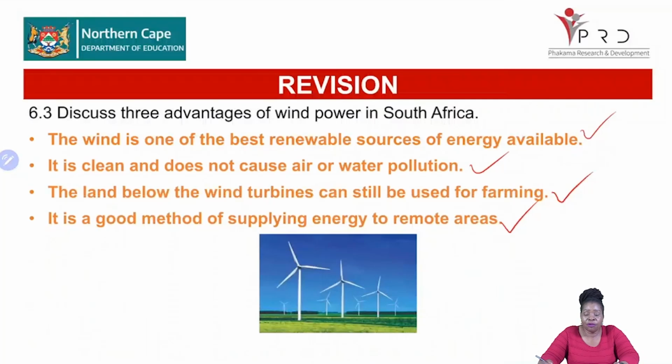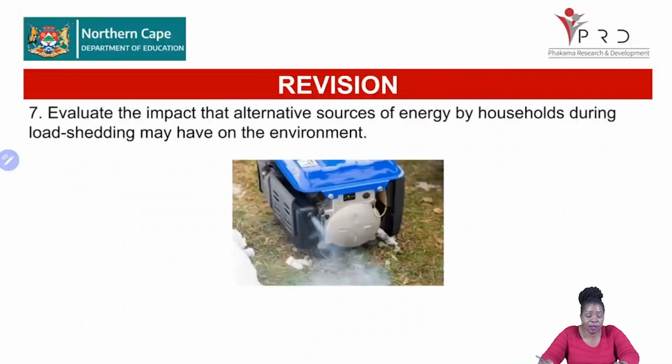Right, let's move on to the next question, which says, evaluate the impact that alternative sources of energy used by households during load shedding may have on the environment. So there's the word used there, which was omitted.